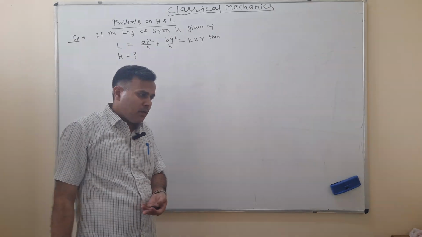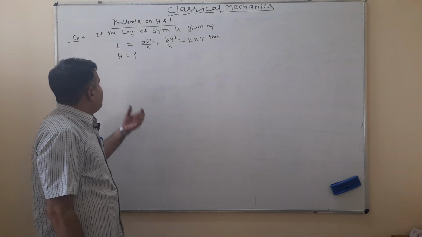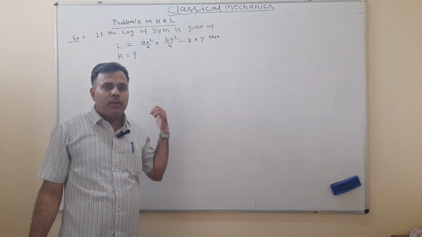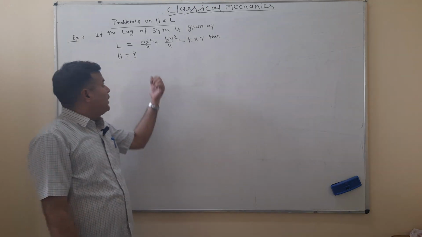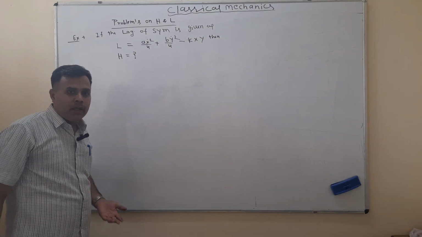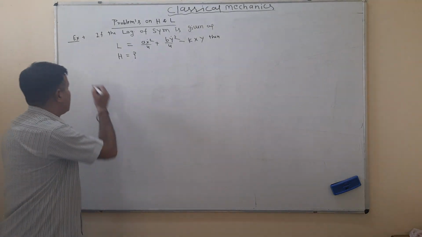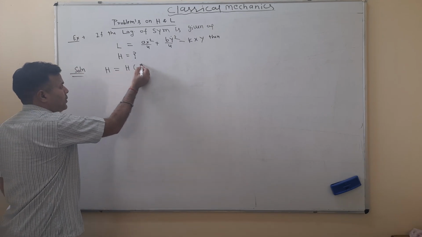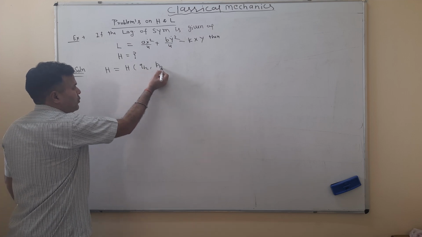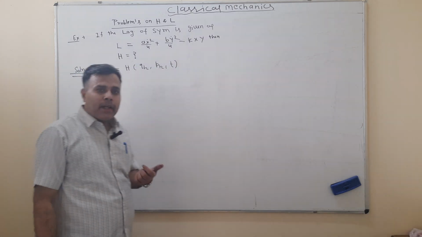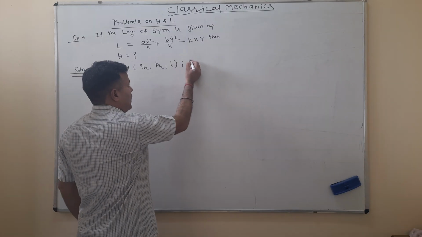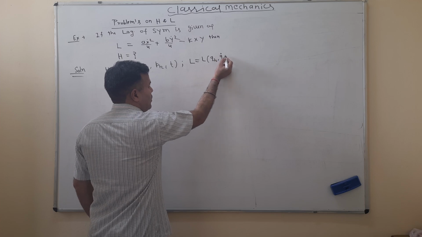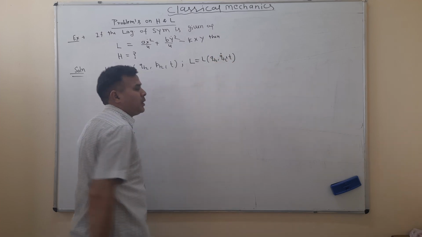Our objective in this lecture is to obtain the expression of the Hamiltonian for a given Lagrangian. How to obtain it? We know that our Hamiltonian is simply a function of generalized coordinate, generalized momenta and time, while our Lagrangian is simply a function of generalized coordinate, generalized velocity and time.